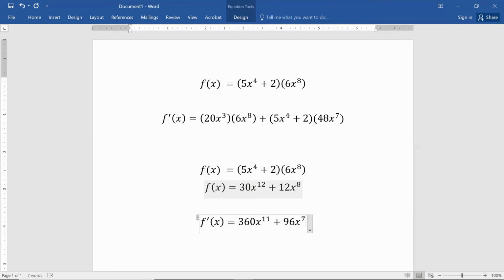So if I utilized algebra and then my basic differentiation rules, I would have gotten 360 x to the 11th plus 96 x to the 7th.